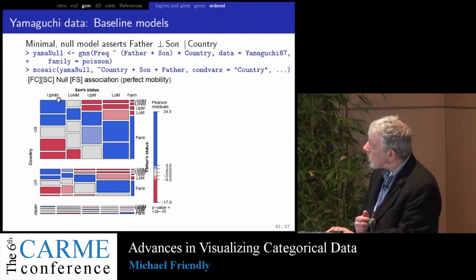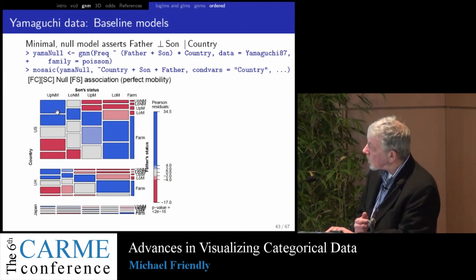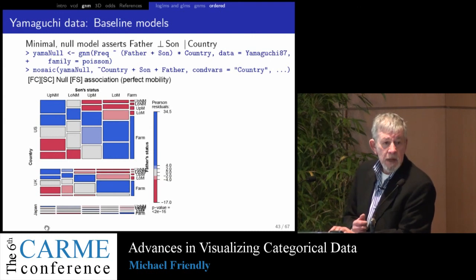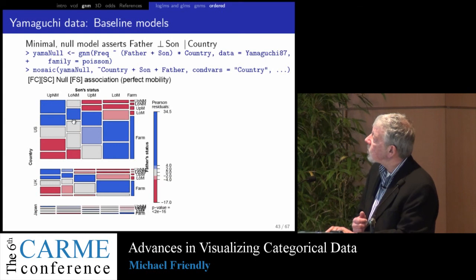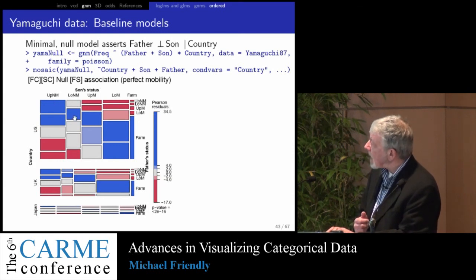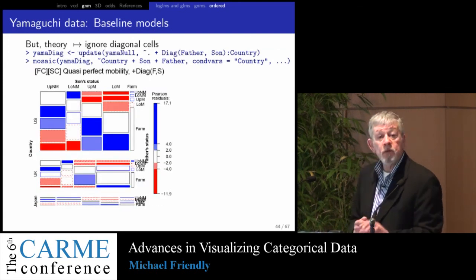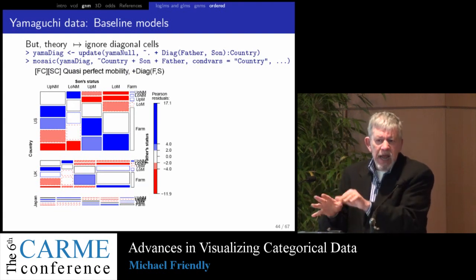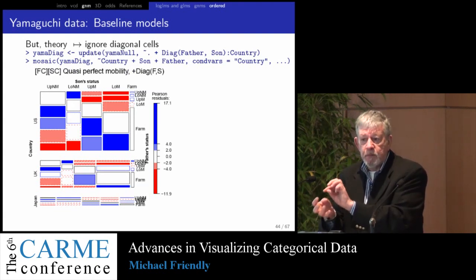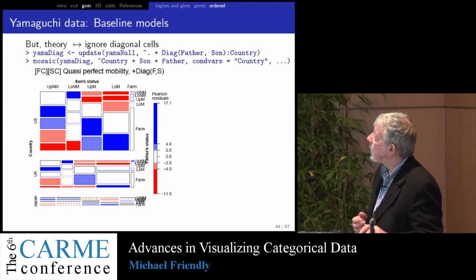We can see a clear pattern of association in each of the countries. The size of the display is proportional to frequency. There is much less total frequency in Japan, so that's sort of squished. But we see a diagonal pattern here. Well, we're not really interested in the diagonal cells because we want to study mobility, ignoring the fact that probably most sons end up in the same occupational status categories as their fathers.